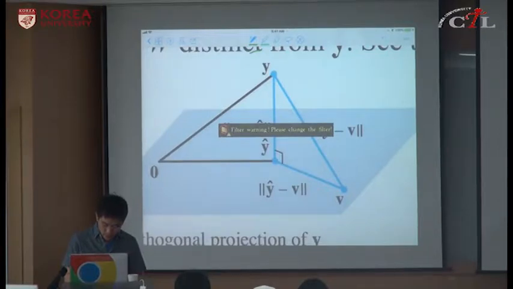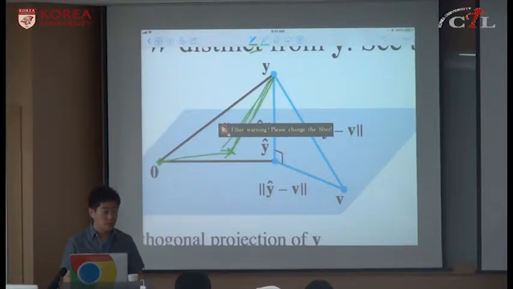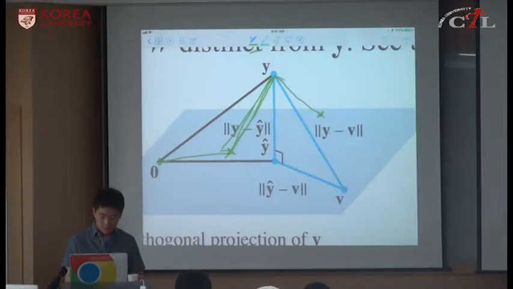Suppose we pick y tilde over here. Here we have an origin, and this one is y tilde, and what is the amount of the error? That is the length, or the distance, between these two vectors, right? Then we can consider another y tilde over here, and the error will be here.